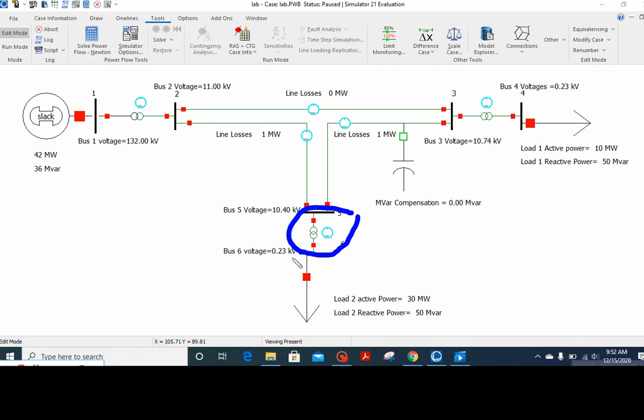Basically, we are giving values here in kV, so I gave this value 0.23 kV, which means 230 volts. So what we are doing here, we are converting from primary distribution to secondary distribution level, which is 230 volts.